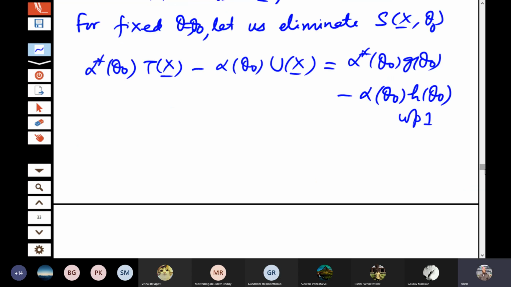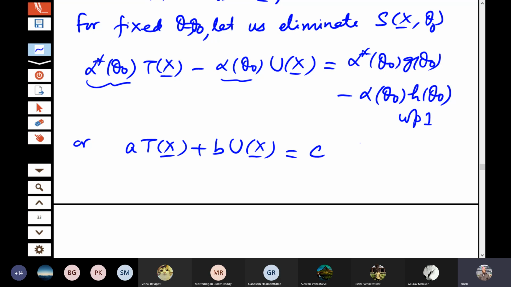These are some fixed numbers, so we can say some a times T_X plus b times U_X is equal to some c, because these are all fixed values.